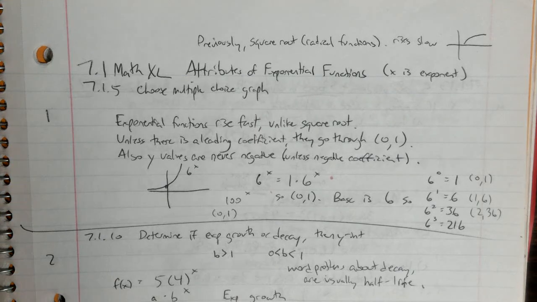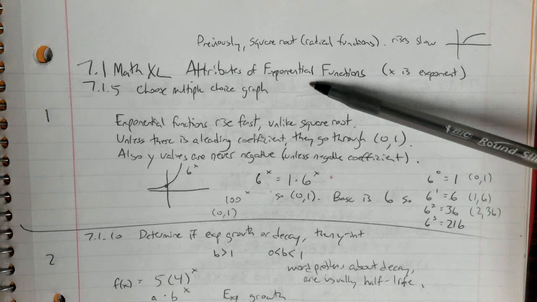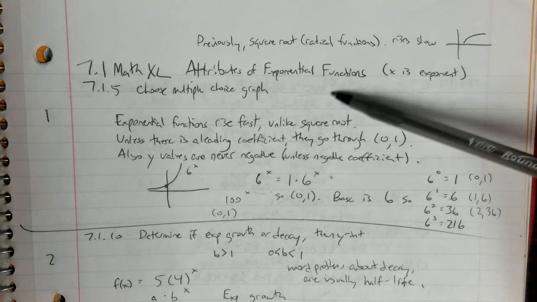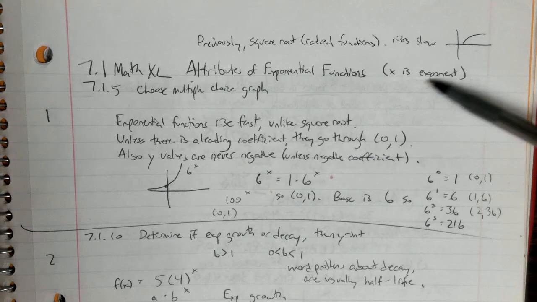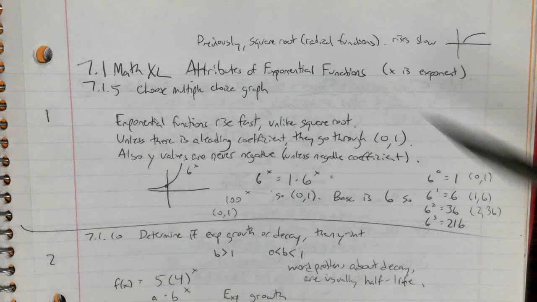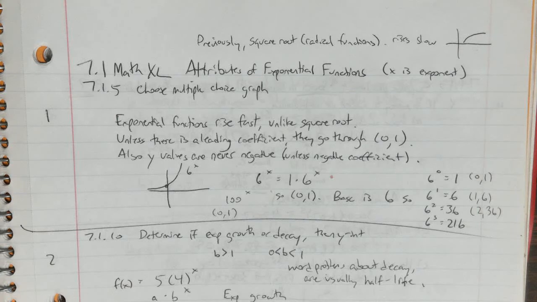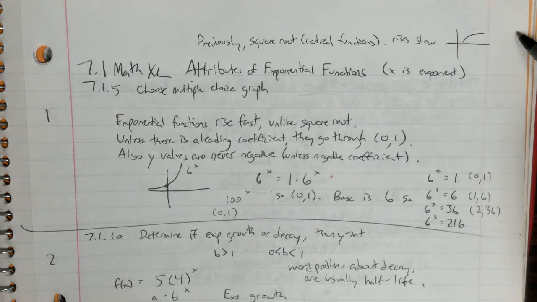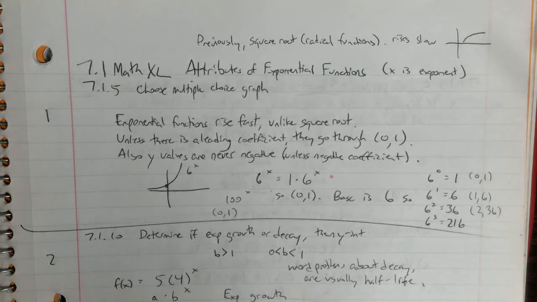So this is the start of a chapter about exponential functions, and the main thing to remember is that x is the exponent. Previously we've studied square root functions, which go over to the side and go up very slowly. It rises slow.